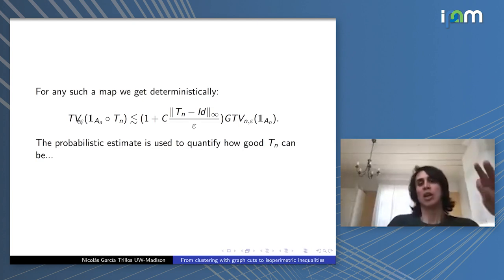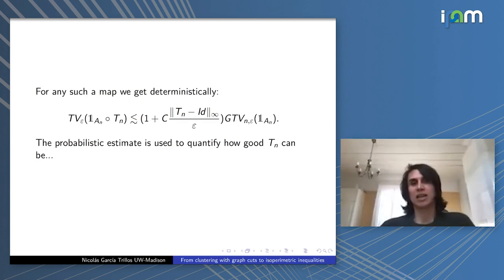Okay, so here is where the probabilistic estimates come in for the very first time. They are used to bound this term and make it as small as possible. That is going to put some restrictions on epsilon, but essentially it says that this graph TV dominates the TV up to some error term.